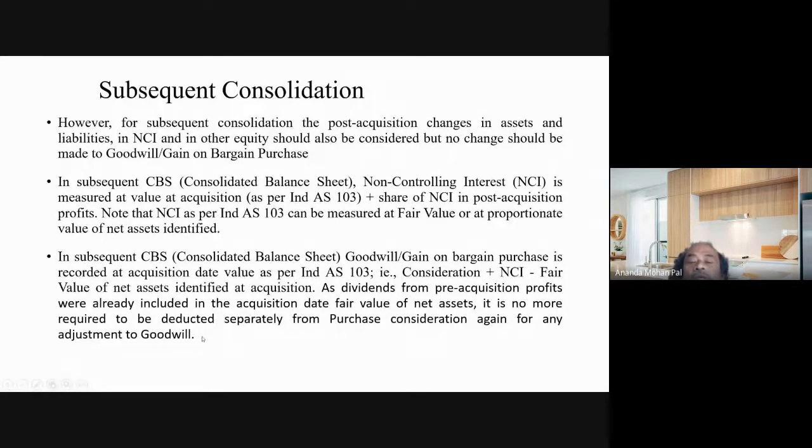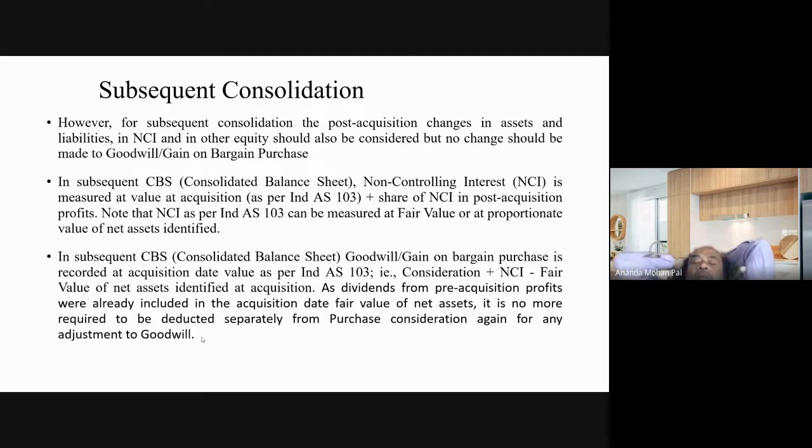Keep in mind that as the fair value of net assets at the time of acquisition is taken for goodwill, any dividend declaration made later does not affect the fair value of net assets. They remain the same.